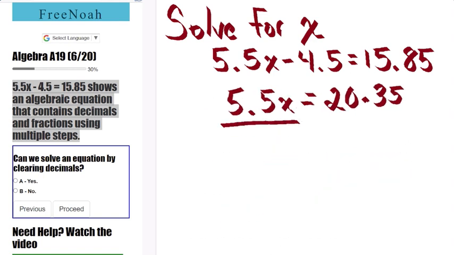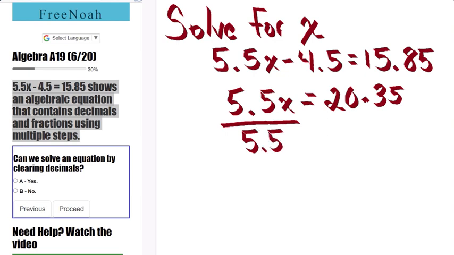Perfect. So now we notice that on the left side of the equation, we're multiplying 5 and 5/10. The opposite of multiplication is division. So what we're going to do here to isolate the x is divide both sides by 5 and 5/10.